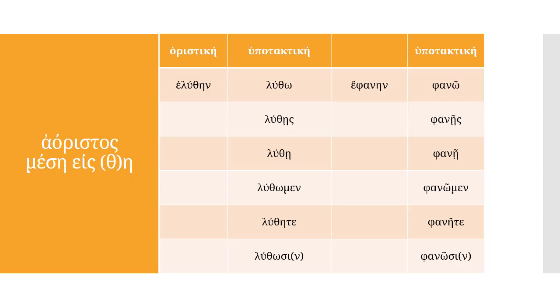This is the same case even when there is no theta. Ephanen, stem, phan. Phano, phanes, phane, phanomen, phanete, phanosin. So those middle passive endings do not appear as middle passive endings. We take the middle passive stem, the theta eta stem, and we add on primary active-looking endings.